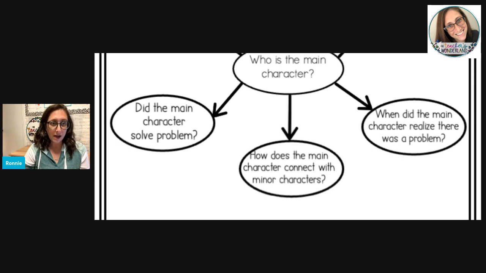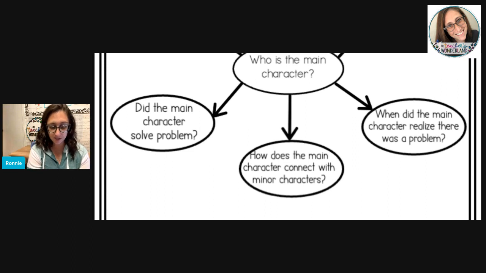So our job is to understand that the character does have a problem. That character needs to pretty much save the grandmother. So what is the main problem now? The main problem is that the grandmother was eaten by a wolf. How does she connect?